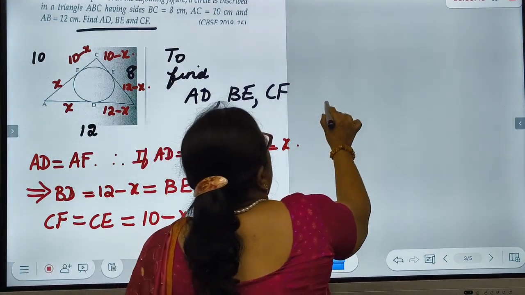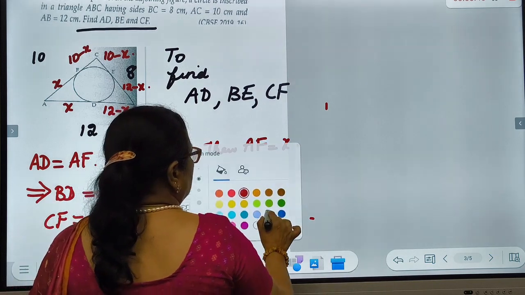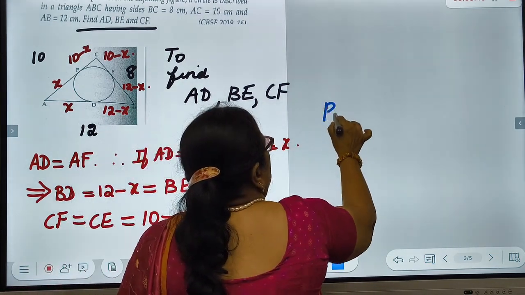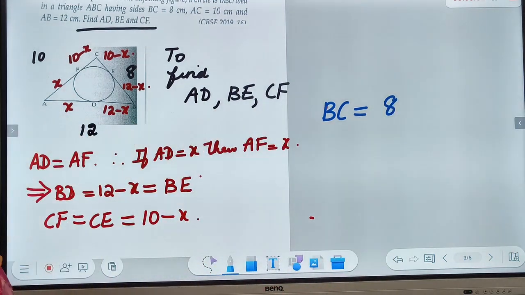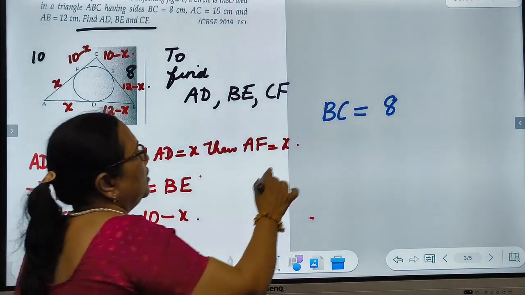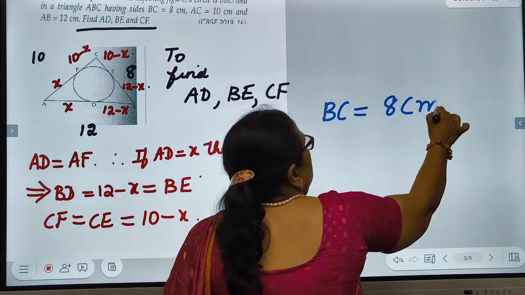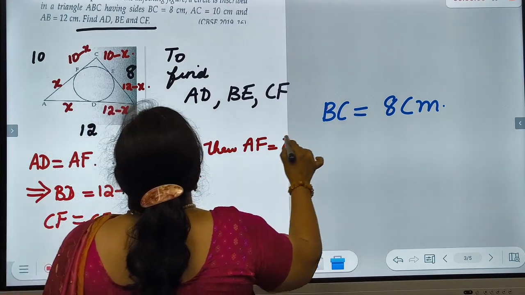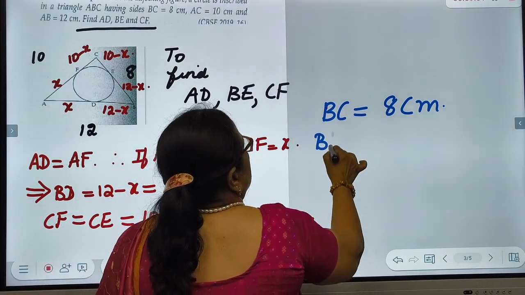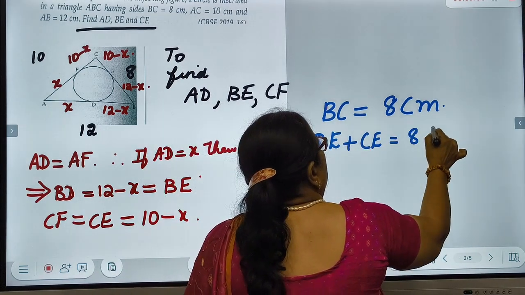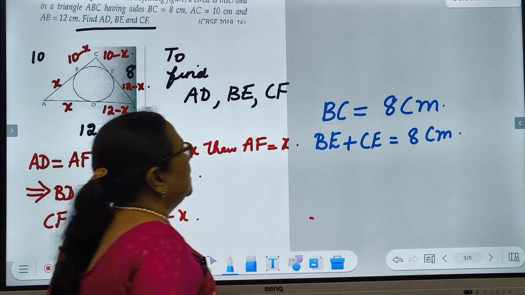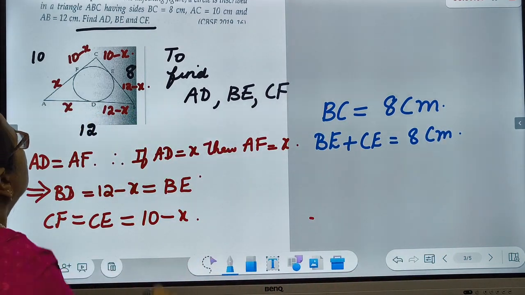So, we know that BC equal to 8 centimeter. Now, what is BC? BE plus CE. So, BE plus CE equal to 8 centimeter. Now, what is BE?